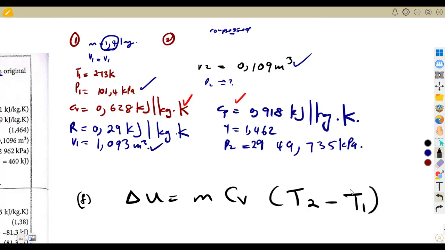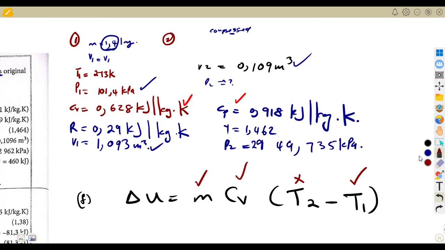We talked about this formula. Guys, I want you to watch the video on the introduction so that you are together. We need the mass, which is already there. Cv is already given. T1 is given at STP condition. T2 we do not have. So where are we going to determine the value of T2?